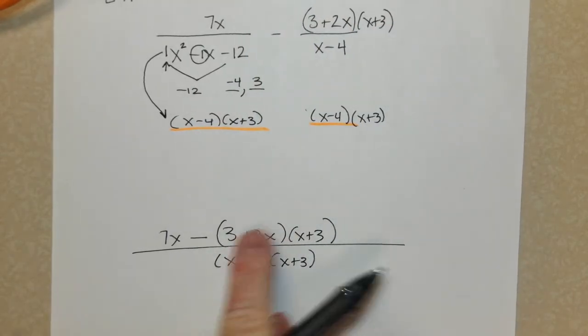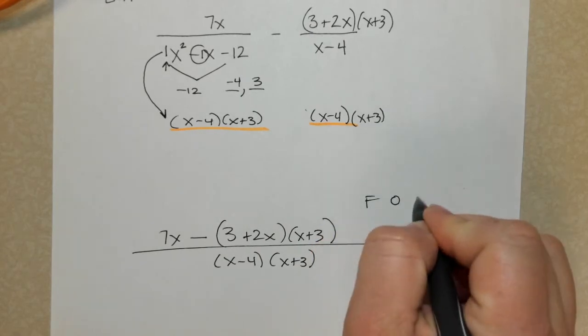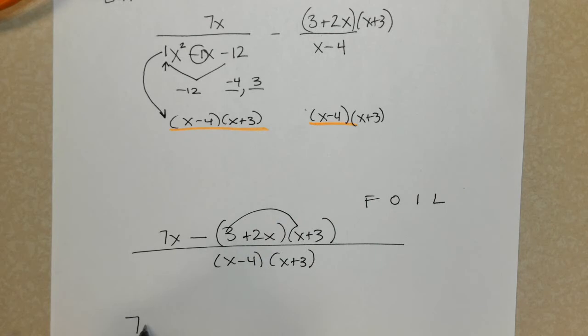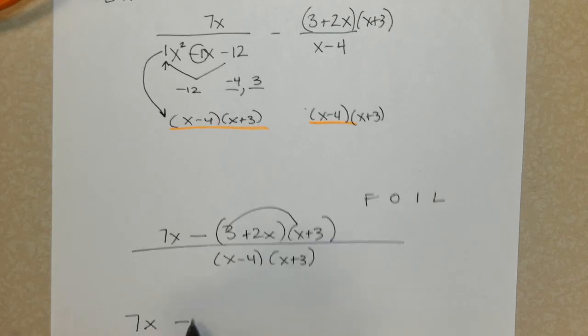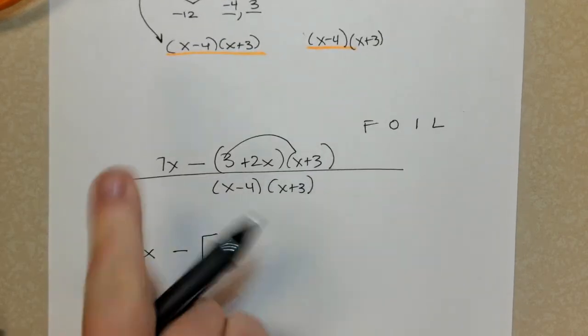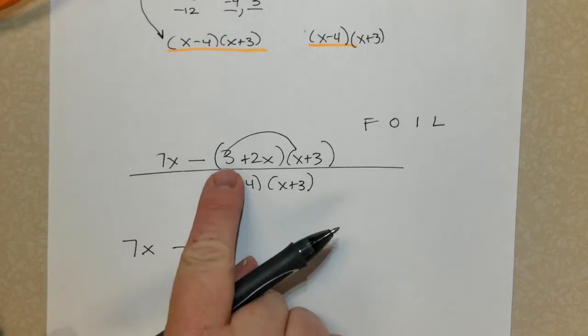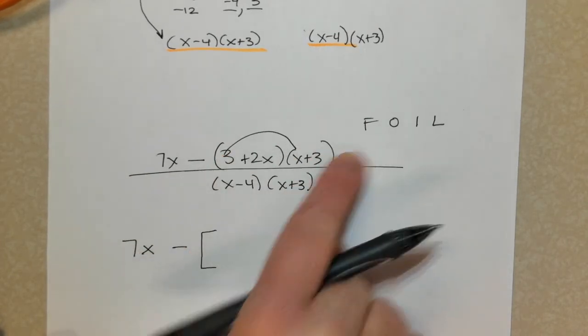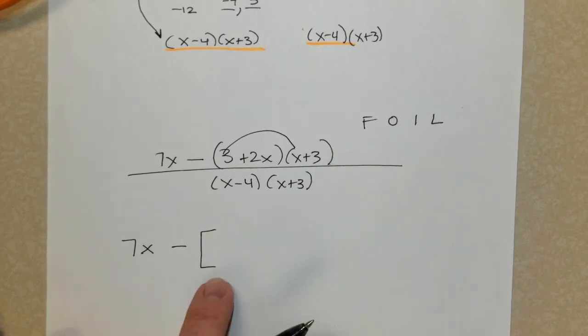And I'm going to go through and FOIL this. So front, outside, inside, last. Multiplying the front. So I'm only going to write down at this time the numerator. So 7x subtract. And I want the subtraction sign to be applied to anything behind it. And for that reason, I'm going to put down a bracket.